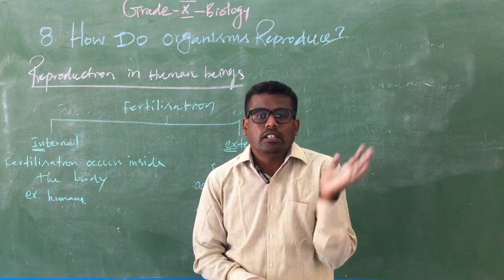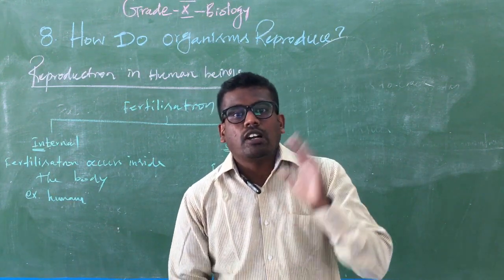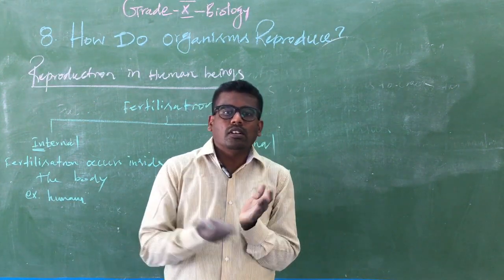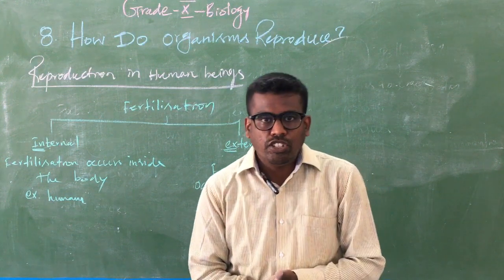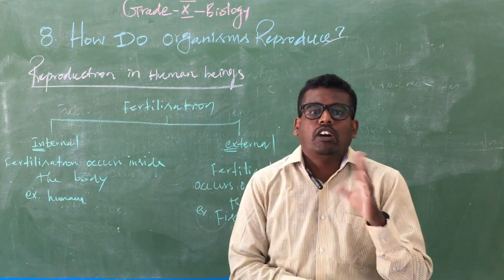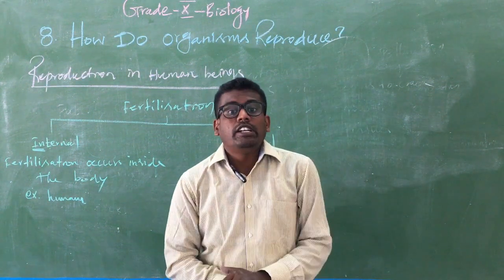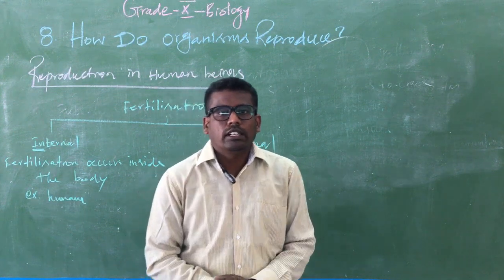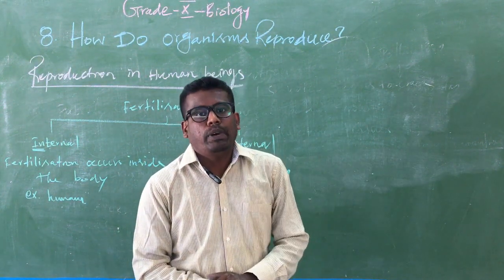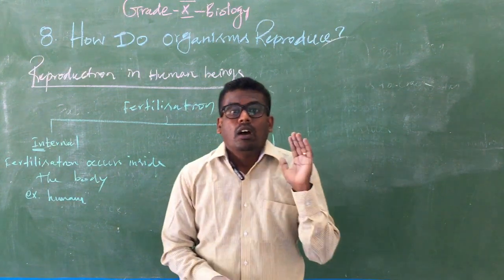And we have started reproduction in human beings. The changes that occur in boys and girls during adolescence, and fertilization and its types, we have discussed so far. Next class we will discuss the structure of male and female reproductive organs and how this occurs.